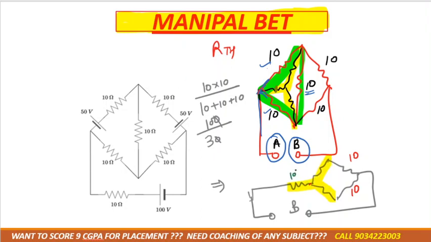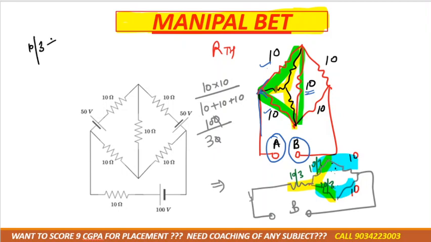So all these values are 10 by 3. Now as you can easily judge, this 10 by 3 and 10 are connected in the same path. That means they are connected in series. Similarly, the bottom one also, they are connected in series, right? And then both they are connected in parallel, correct?